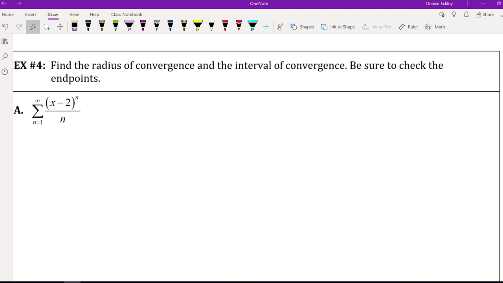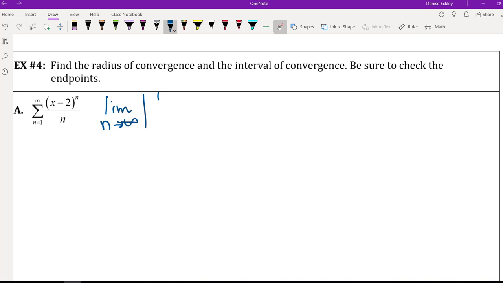All right, so letter A, we have the summation from n equals 1 to infinity of x minus 2 to the n over n, which is a power series. The first thing I'm going to do is use the ratio test to determine where it converges, and if it does converge.